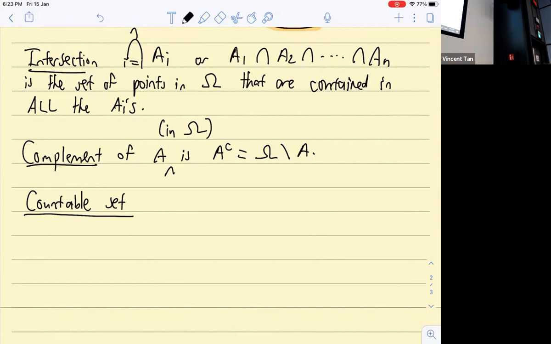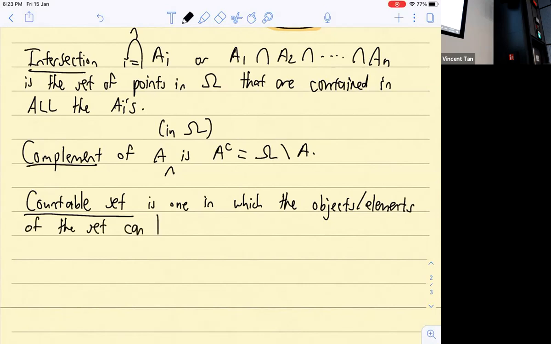A countable set is one in which the objects or elements of the set can be placed in one-to-one correspondence with the natural numbers.